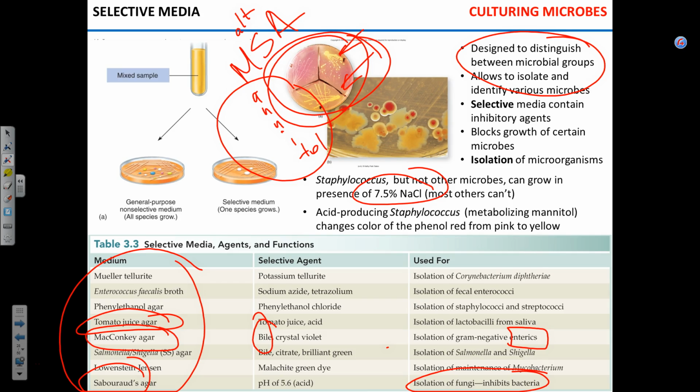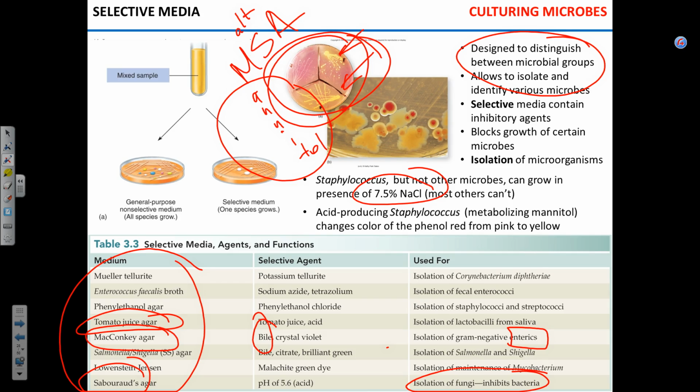So if I tell you MacConkey agar, which contains bile salts, prevents growth of gram-positive bacteria but supports growth of gram-negative microbes isolated from intestines, which would be the best description of it? I give you answers. You have to understand the description that I gave was about selective.